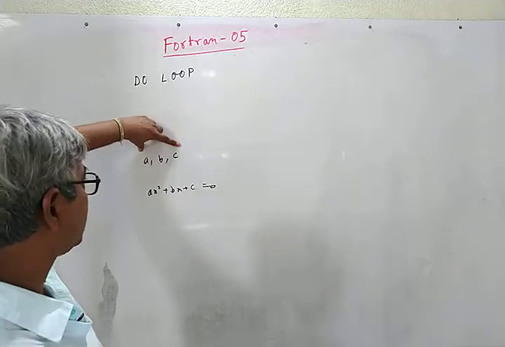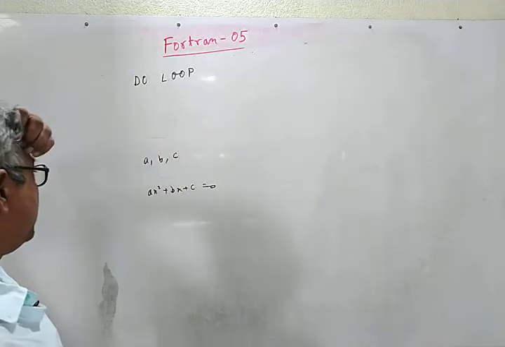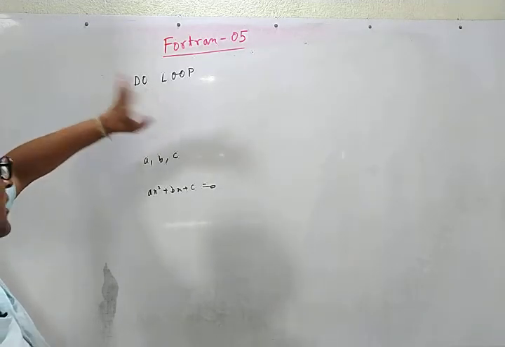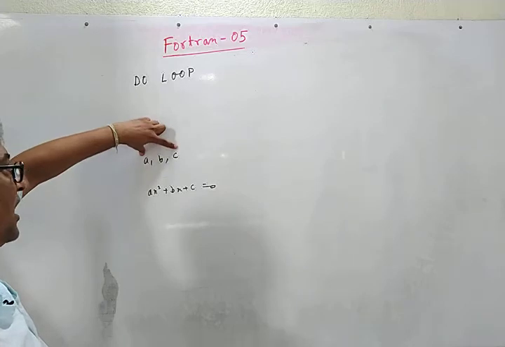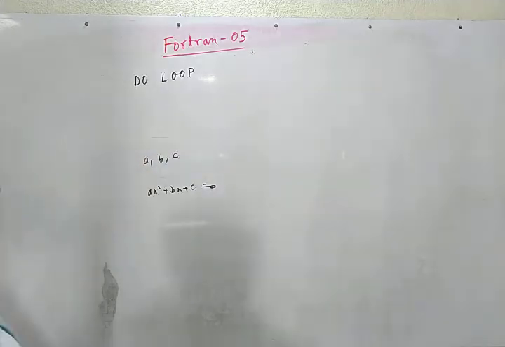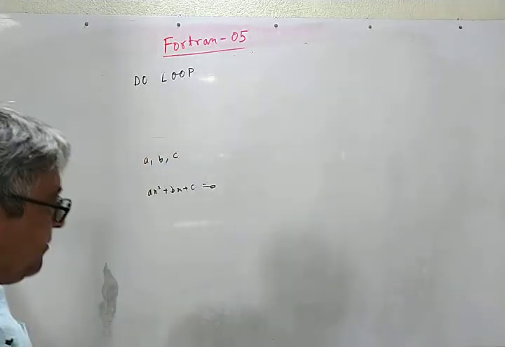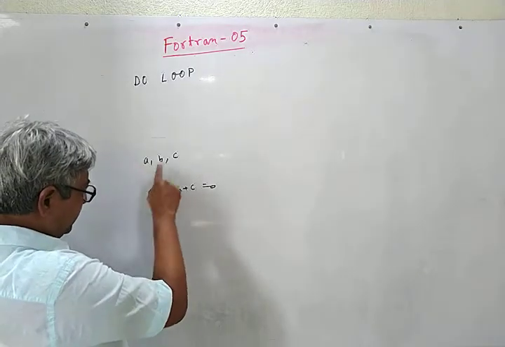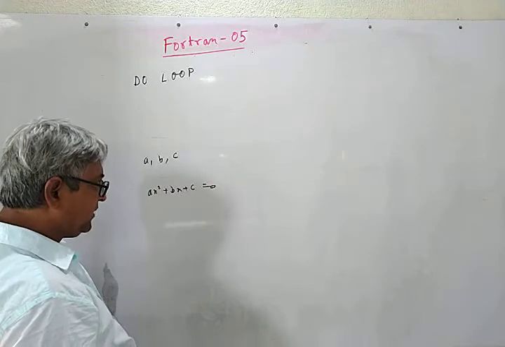In an earlier class, we have learned how to find out the roots of a quadratic equation provided a, b, c are given. So once we set up this program, we need to provide first the values of a1, b1, c1. The corresponding roots will be evaluated.